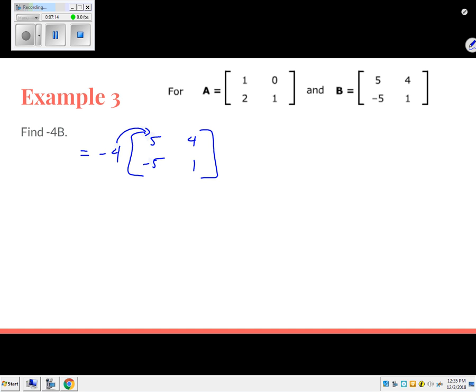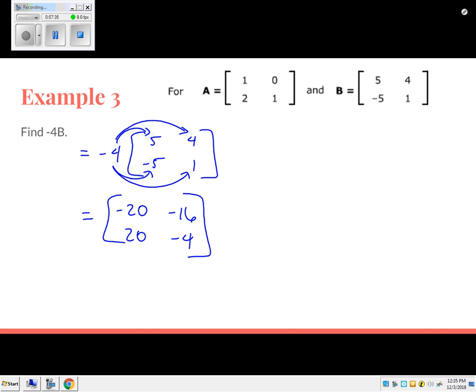This 4 is just multiplying every entry that's in the matrix. Careful with the signs, don't go too fast, be tedious with it. It's not going to take very long to do these problems.